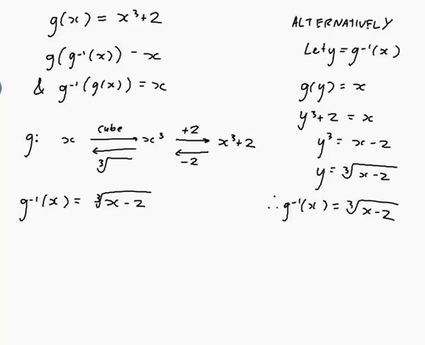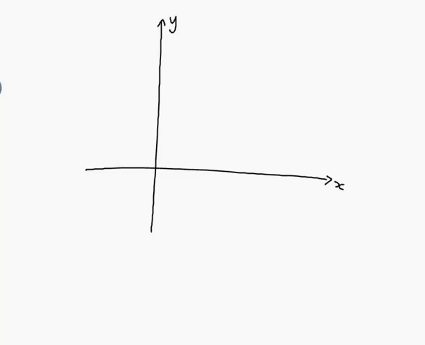So the next part of the question says to draw both of them on the same axes. So let me start anew. Okay, so let's put some axes in. Right, so first let's put in y equals g of x, which is x cubed plus 2. I know what x cubed plus 2 looks like.